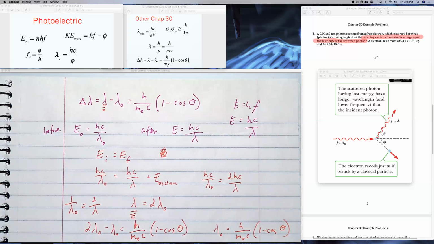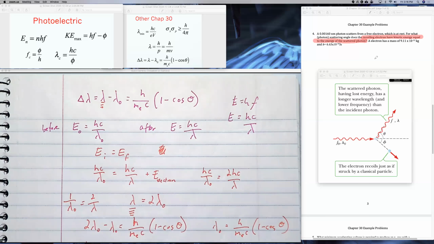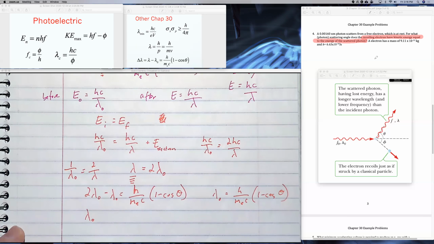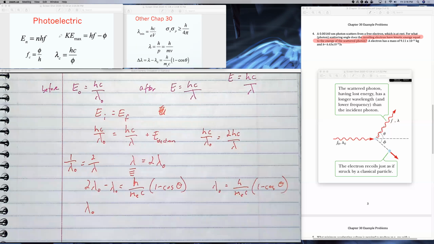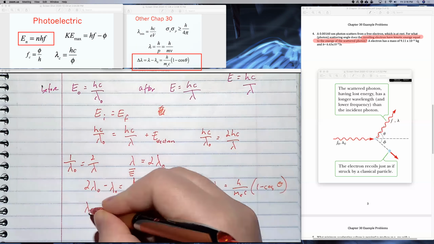From this, I'll multiply both sides by MEC. The only line I'm getting rid of right now, when I move this up, I will box the two lines I got rid of in case you want to keep track. I got rid of this line and this line. So multiply both sides by MEC, divide both sides by h.